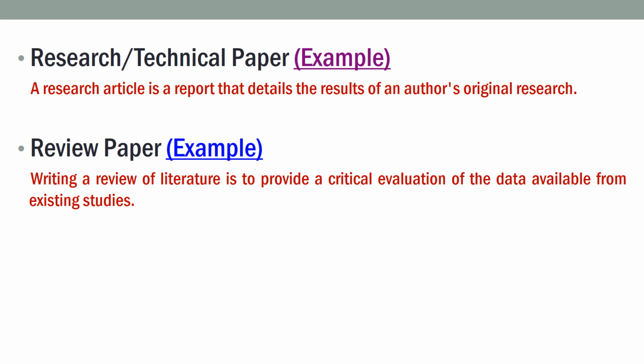So if you want to publish a review paper on any research topic, you have to read the maximum literature available on that research area. Sometimes researchers are citing 100 research papers in a review paper, 100, 200, 300, 400, sometimes 500 also. You have to read all those 400, 500 research papers available in that research area.